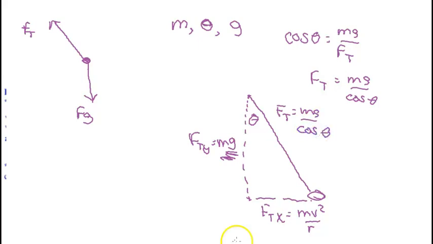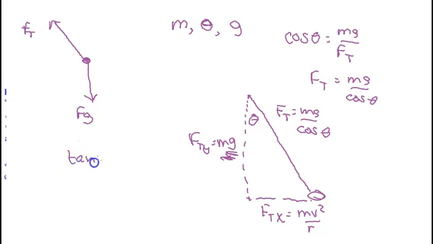Down here, if I want this force of tension in the x direction written just in terms of m, theta, and any physical constants like g, I look at this and I say, okay, in this case, I've got mg over here. This is my angle. This is the adjacent side. What I want to write is the opposite side, and opposite over adjacent is tangent.